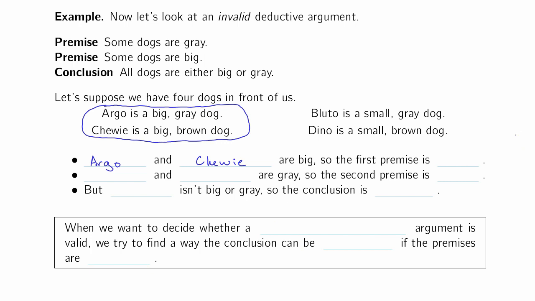Since we've got some big dogs, some dogs are big, our second premise is true. And we have some gray dogs, right?